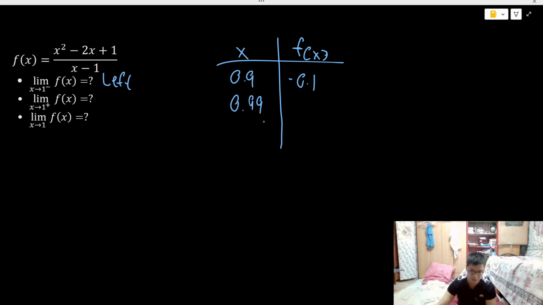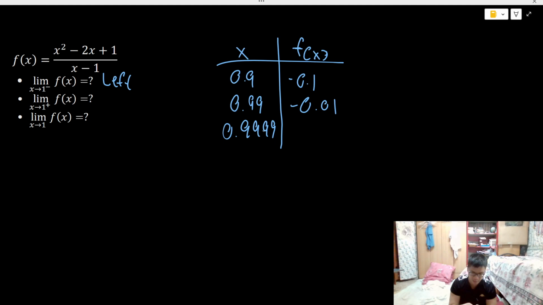You will have negative 0.01. Okay? So let's make it even closer to 1. Let's just say 0.9999. Much better. Wait, hold on, I'm using the calculator.